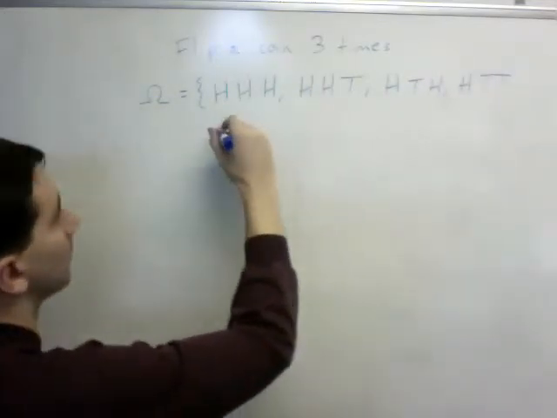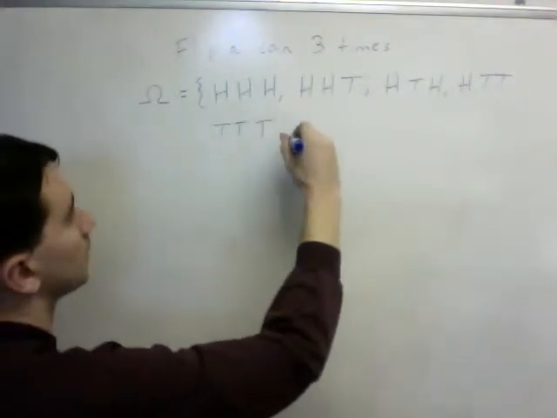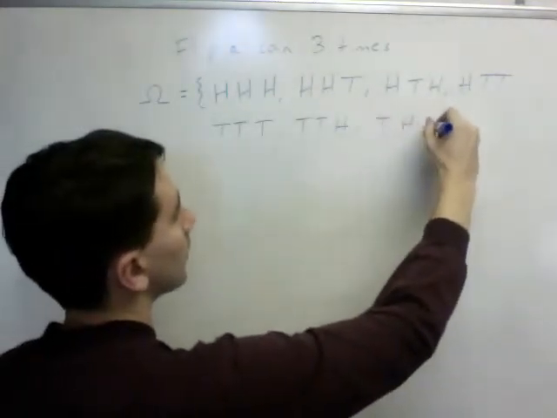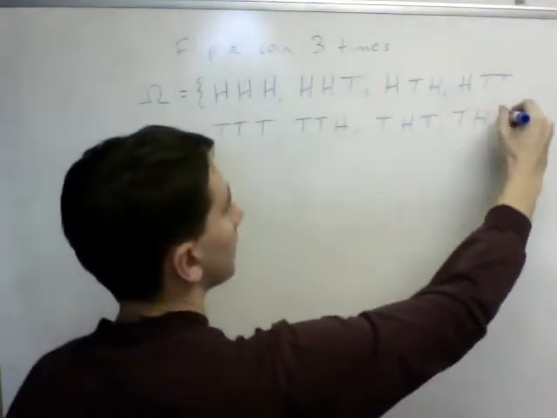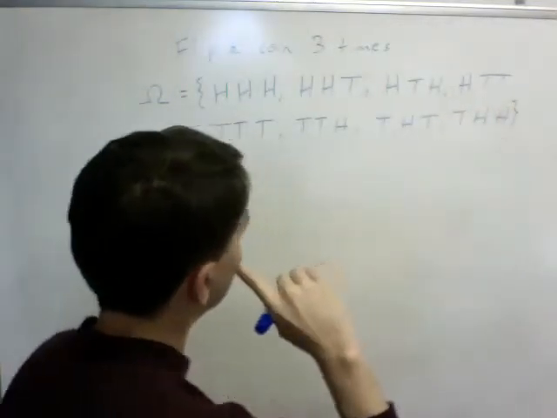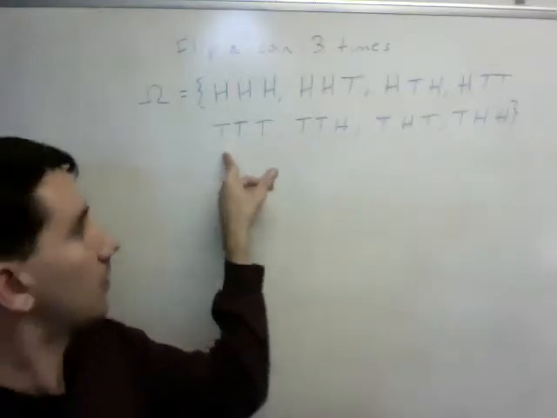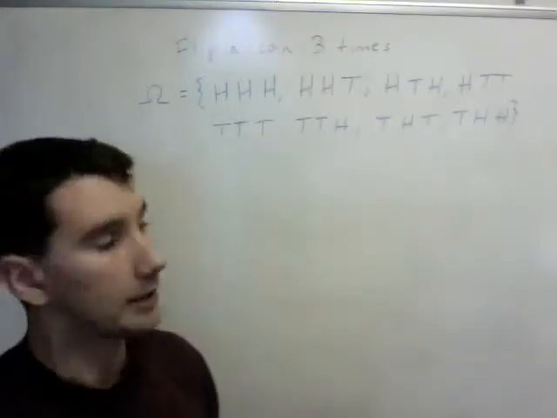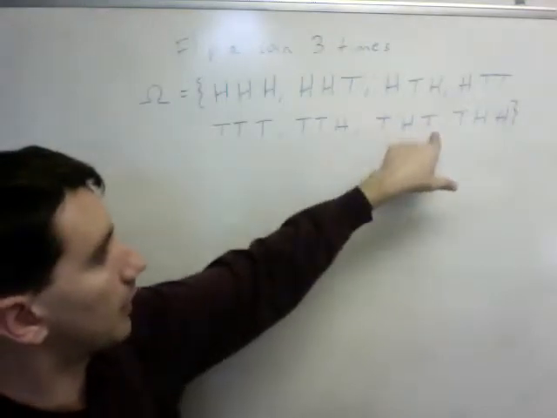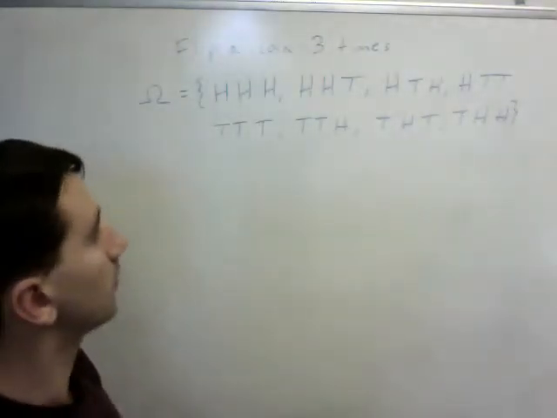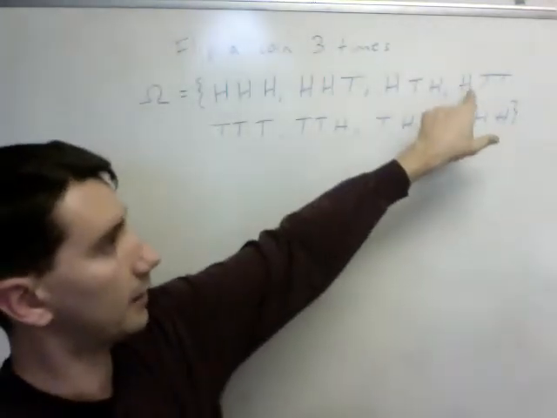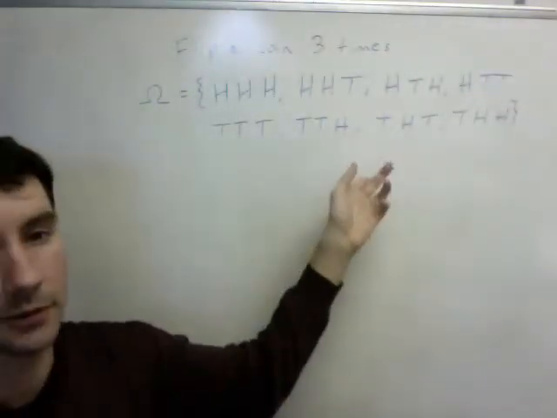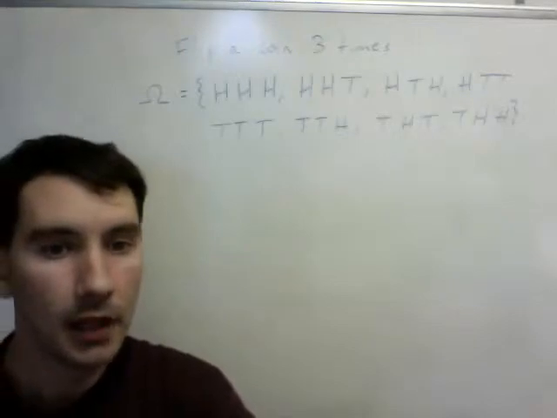And then let's flip the roles of heads and tails here. We could get 3 tails, tails tails heads, tails heads tails, or tails heads heads. The first letter represents the first flip, the second letter is the second flip, and so on. So if I flip tails, heads, tails, that would be this one. If I flip heads, tails, tails, that would be this one. So omega is just all possible outcomes from the 3 coin flips.